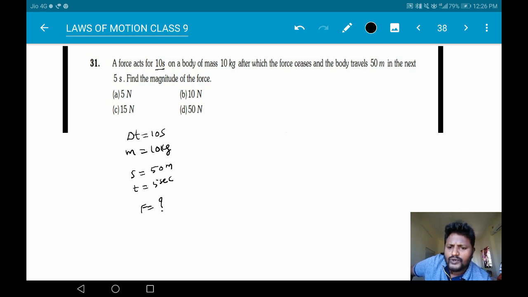Okay, so delta t is given, m is given, and they are asking how long the object is moving. The body travels a distance of 50 meter, and the time for the journey is 5 seconds. So can we find?